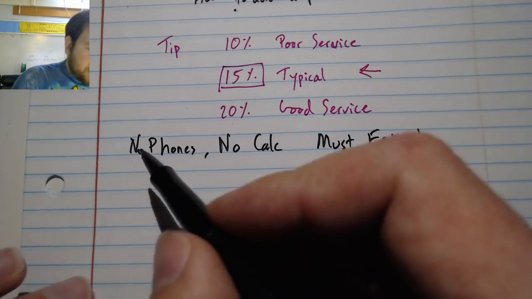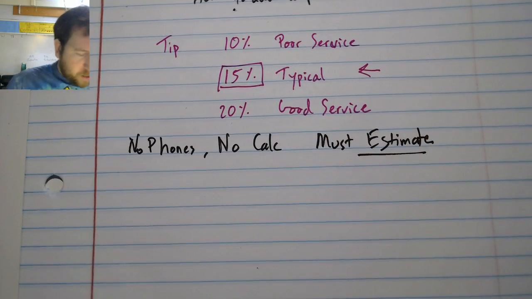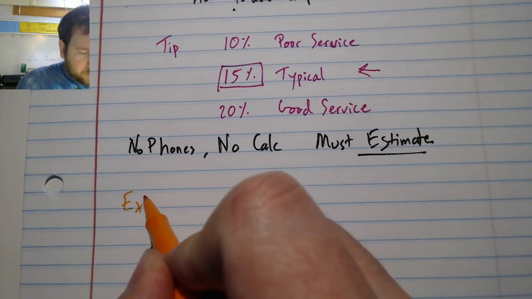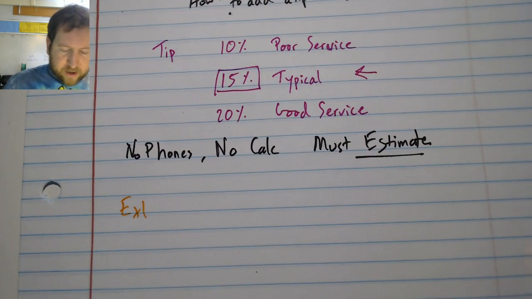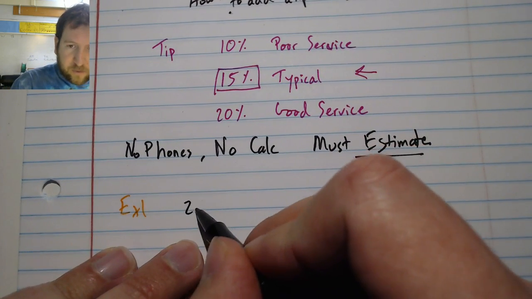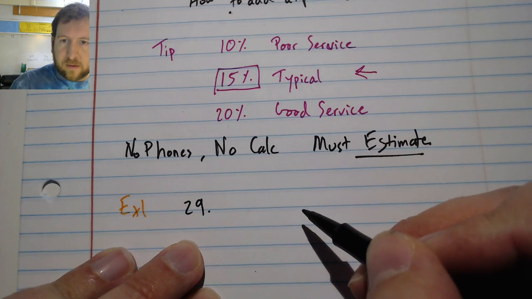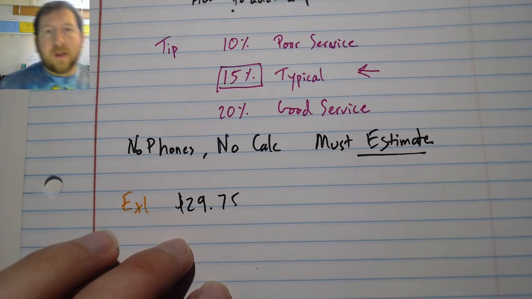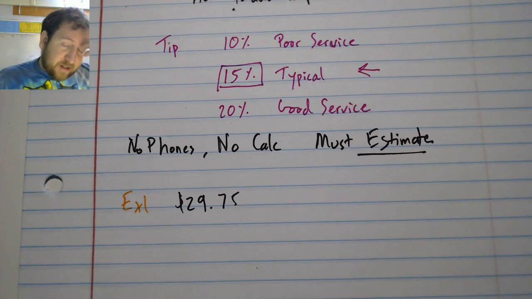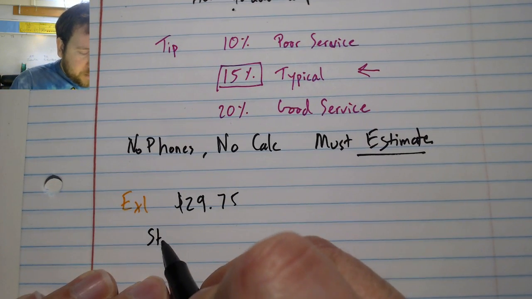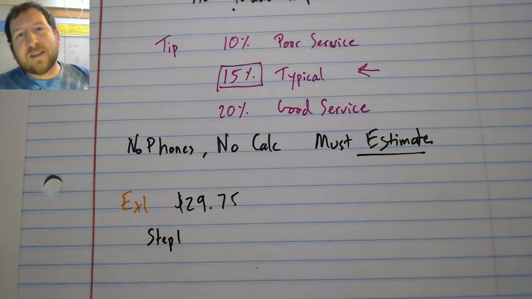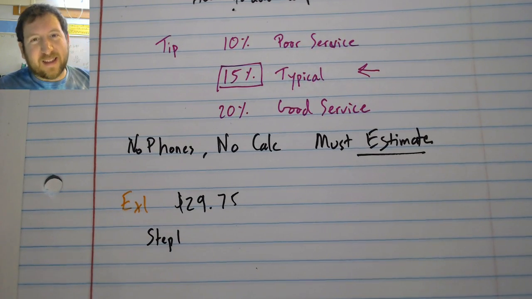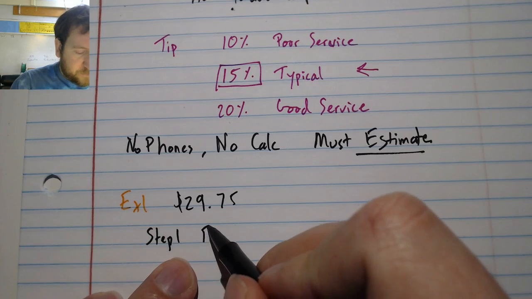Okay, so for example 1, let's say that a family went out and their check came to $29.75. When we're finding the tip, the first step that we're going to do, step 1, is we're going to estimate to the nearest dollar, because this is going to make things much, much easier for us.